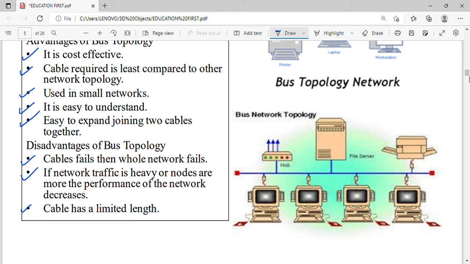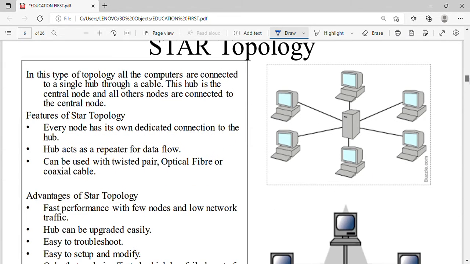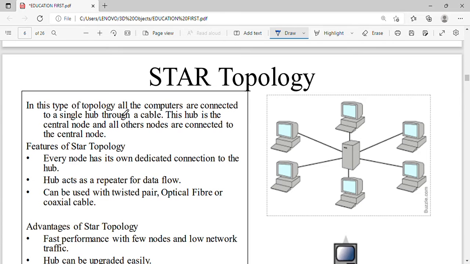Now let's go to the other topology, that is star topology. In this type of topology, all the computer devices are connected to a single hub through a cable. This hub is the central node and all other nodes are connected to this central node.